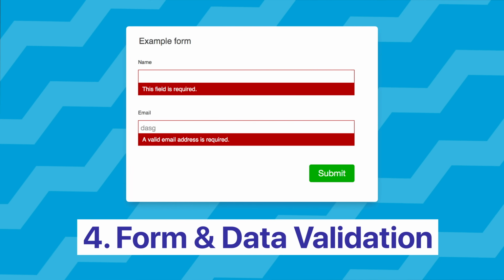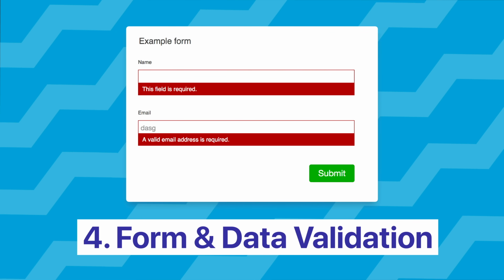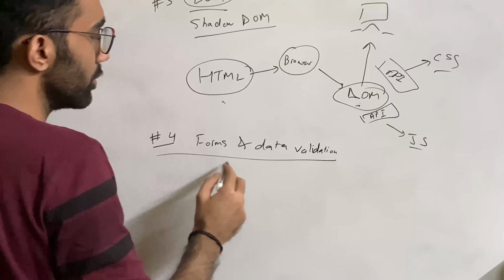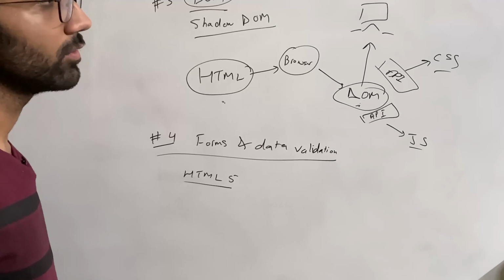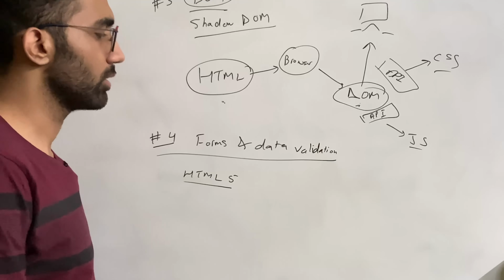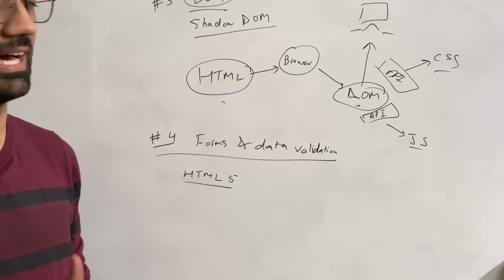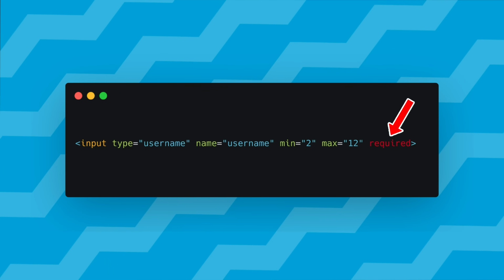My next thing for you is actually talking a bit about forms and data validation. So many people don't really know how to use data validation in HTML5 forms itself. You probably don't need that 20 KB jQuery library or something to do validation with HTML forms, because now this is very, very simple. You have to learn about the required attribute.